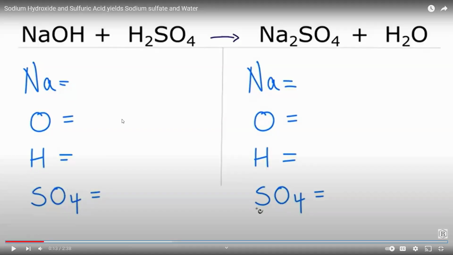But something interesting that this guy says is that you see here with sulfuric acid and then sodium sulfate, you still have that SO4 ion. So if there's equal amounts of them on both sides, you can just group them into one big SO4 ion, instead of listing the S and then adding the O4.